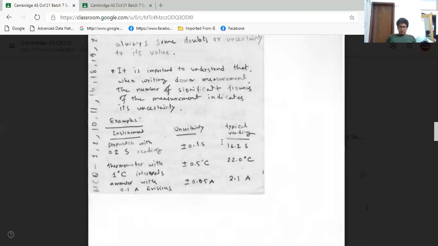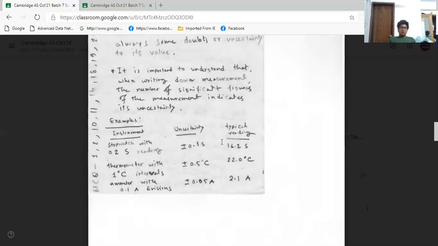Typical reading means, like your ruler, you have scaling there. You are given a task that you have to find the length of the eraser. So you got the length of your eraser is 3.4 centimeter, or 2.3 centimeter, whatever.